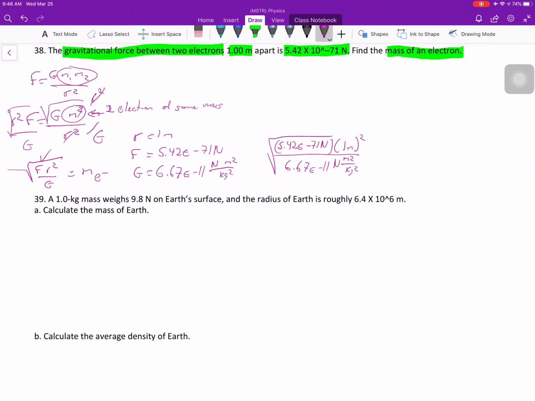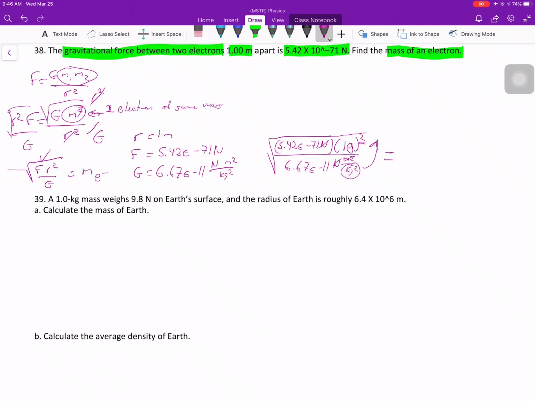So when we're looking at this, just to simplify it down, we know that the newtons will cancel out each other. This meter, once it's squared, will cancel out here. This kilogram squared is underneath the radical, and because it's on the bottom of a fraction on the bottom of another fraction, it will come up top, and our answer will be in kilograms. That's what we're looking for.